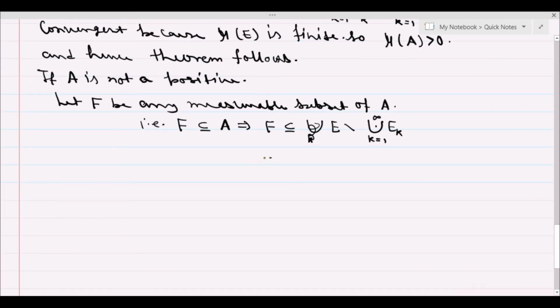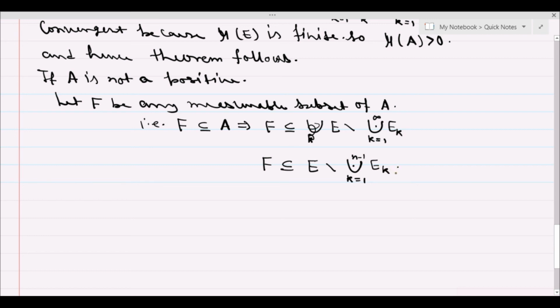Here this F is also contained in E minus union k is equal to 1 to n minus 1 of ek.